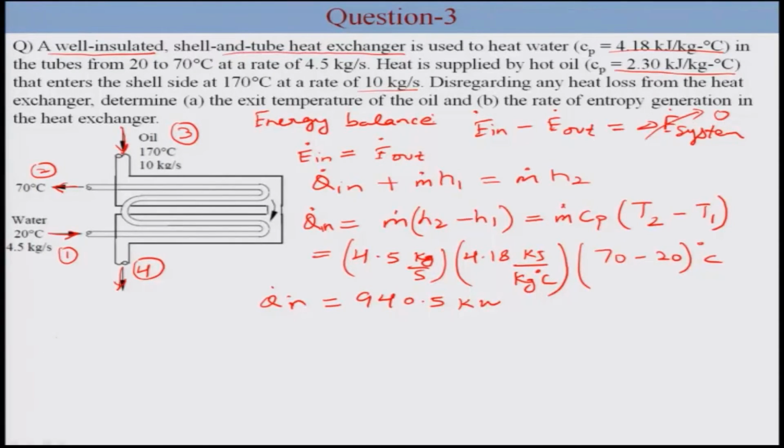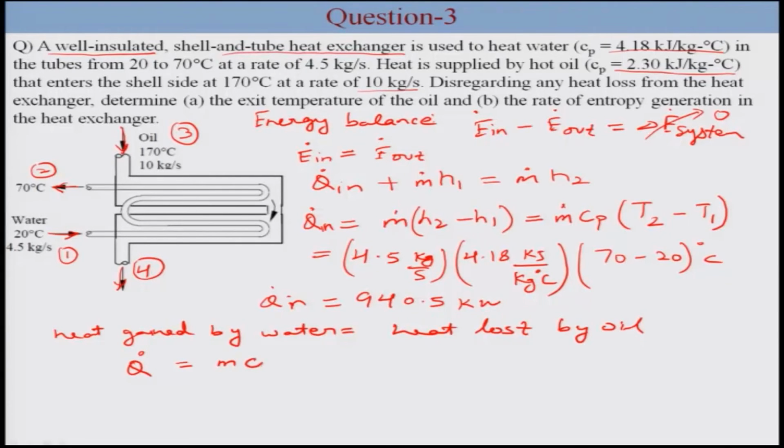Now, we know that the amount of heat gained by water will be equal to the heat lost by oil. So, for oil Q dot is equal to m dot Cp into T3 minus T4. So, Q dot is known, we know T3, we know m dot and Cp all for oil.